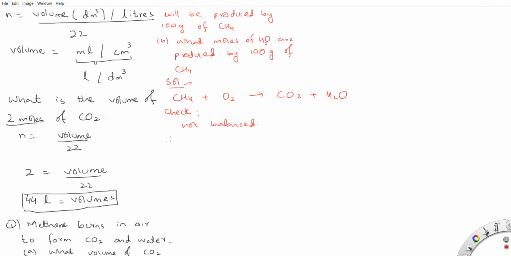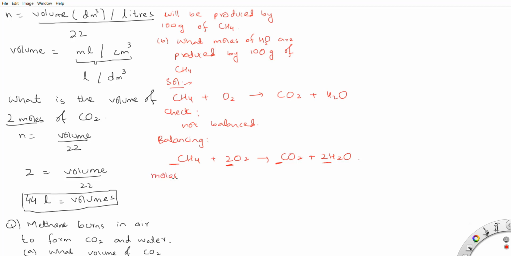Balancing. This becomes CH4, this becomes 2 moles of oxygen, then CO2 with 2H2O. Now it appears balanced, right? So these coefficients in stoichiometric analysis are basically used interchangeably with moles.